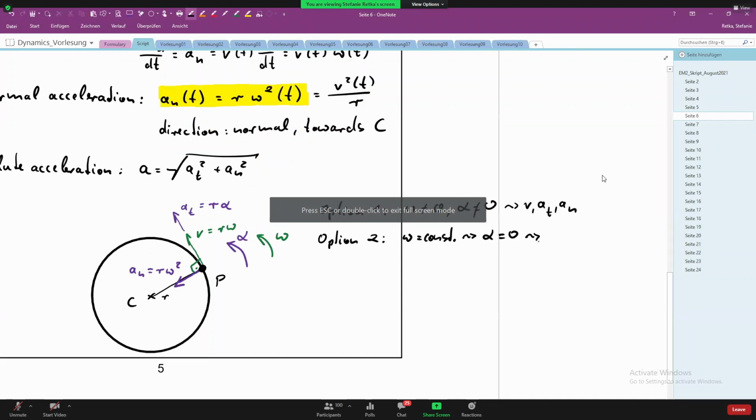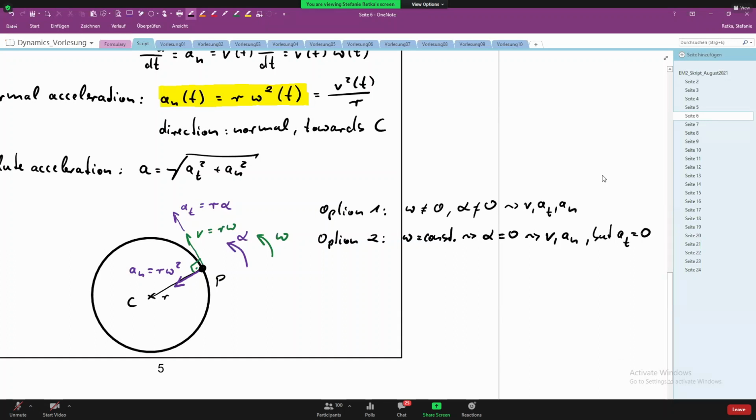If alpha is 0, we have velocity and a normal acceleration, but tangential acceleration is equal to 0. Third option. All three of them equal to 0? V and AN exist, but AT is equal to 0.